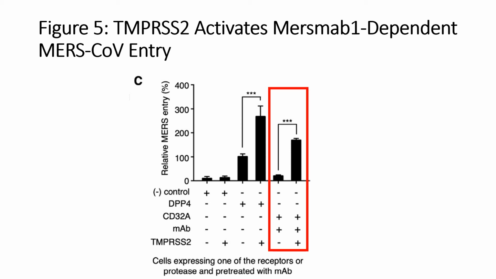And then here, with the monoclonal antibody, TMPRSS2 also enhanced the entry into CD32A expressing cells. So the results of 5C indicate that TMPRSS2 activates the MERS monoclonal antibody-dependent MERS-CoV entry.